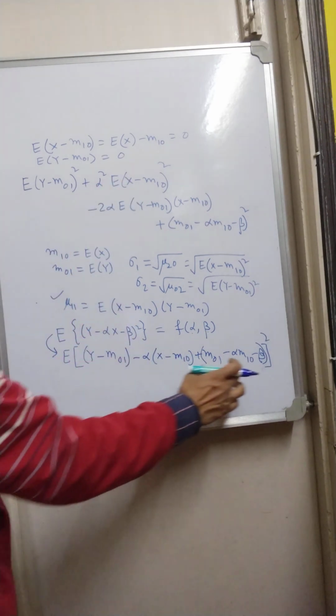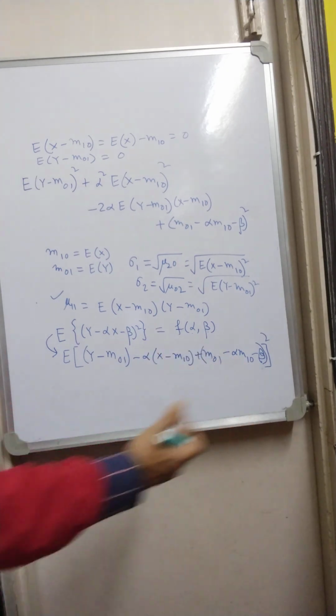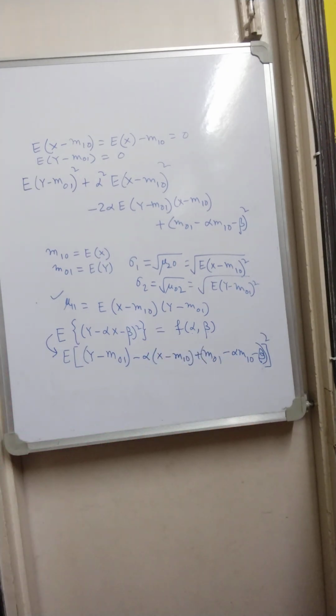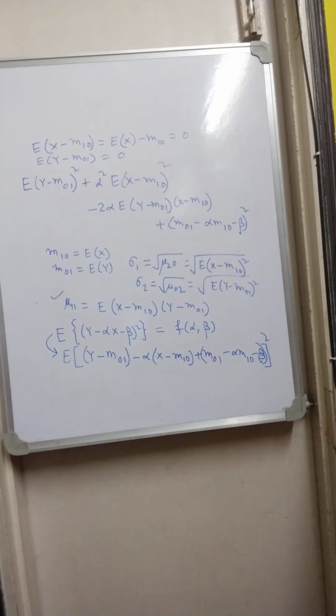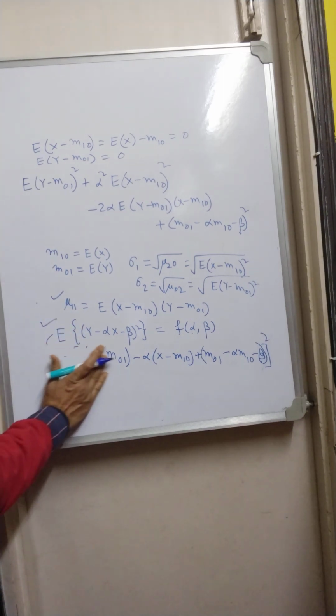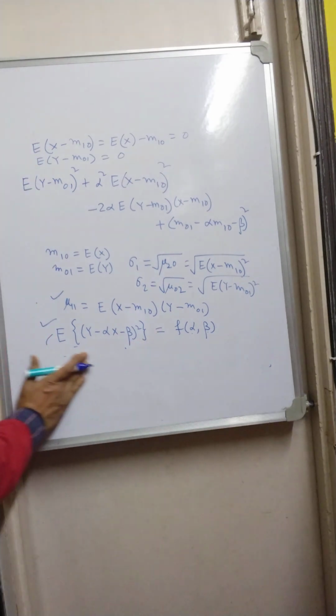And the other terms, where this is multiplied with this, become 0, and when this is multiplied with this, this also becomes 0. So this is understandable that we have only these three terms as expectation of (y minus alpha x minus beta) square, which is a function of alpha and beta only.